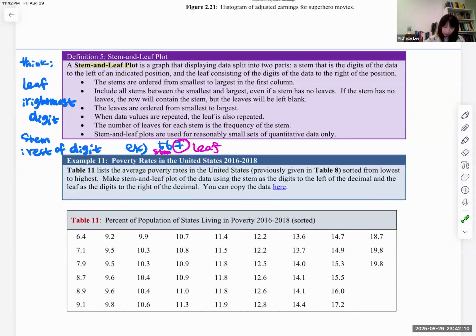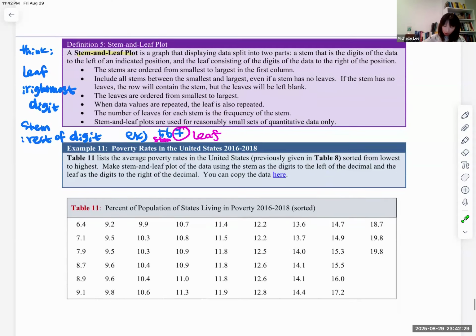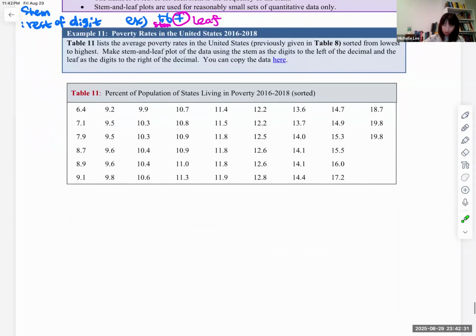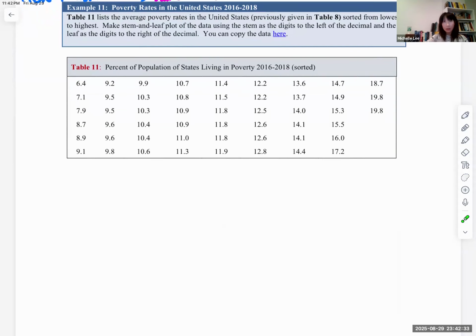So we have a data set here. Now we want to organize it by stem and leaf plot. I'm going to show you by hand first, and then I'm going to show you the second way. Okay. Let me make a stem and leaf plot table.